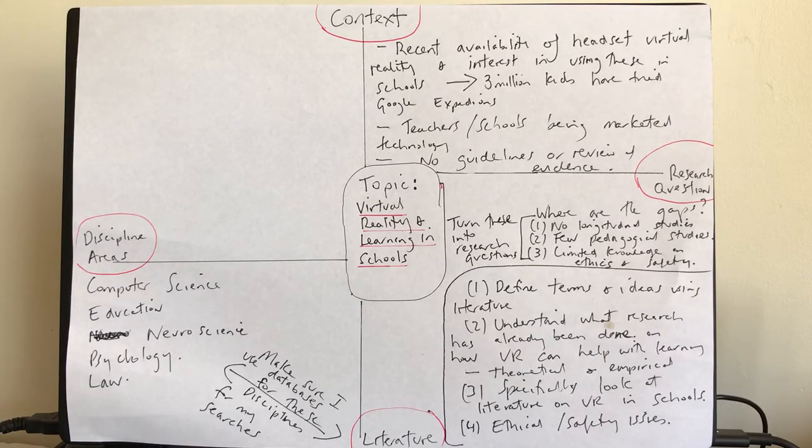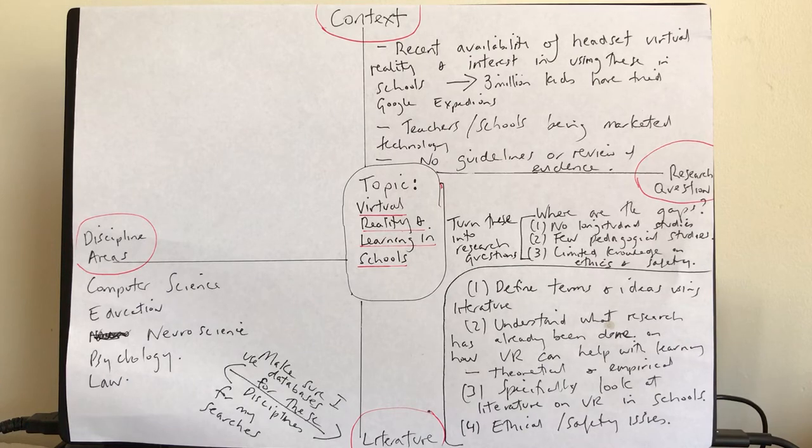So when big tech companies put these technologies out, there's always occupational health and safety documents that go with these, and so that leads me to issues around safety, ethics and the law.